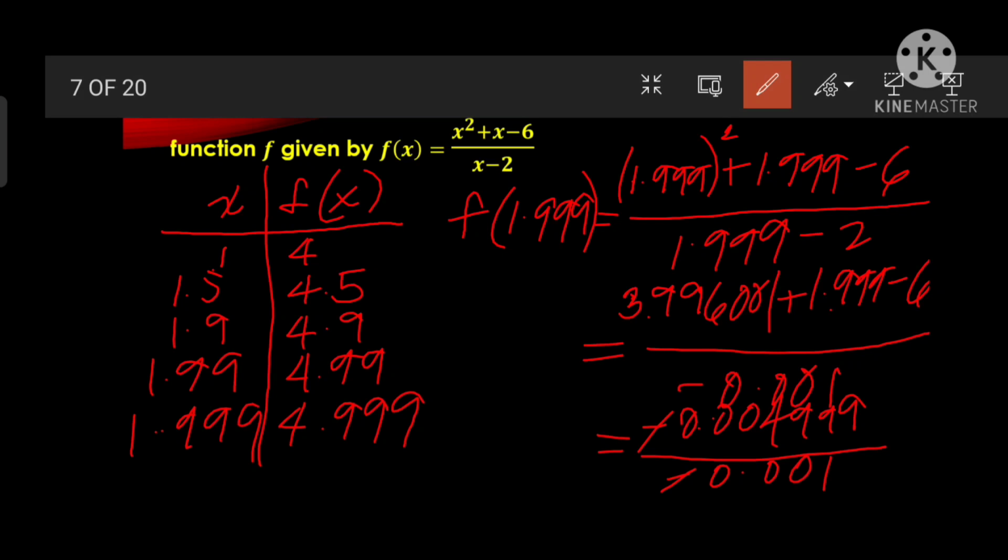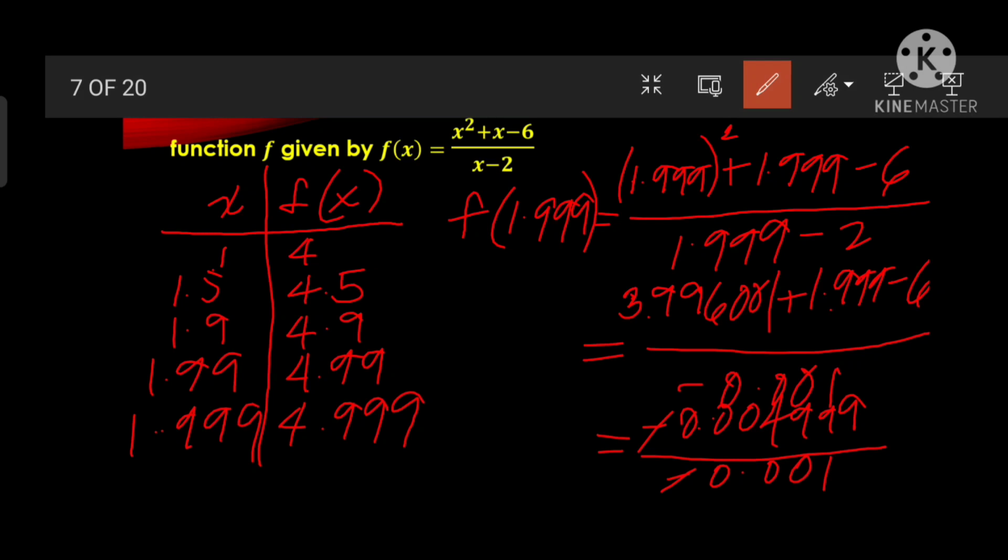Okay, so you might be wondering, why do we have to do this? The idea is to use values that are sufficiently close to 2 but not equal to 2. So we initially use 1, being the integer closest to 2 from the left side, and then we assign values closer to 2, approaching 2 from the left.